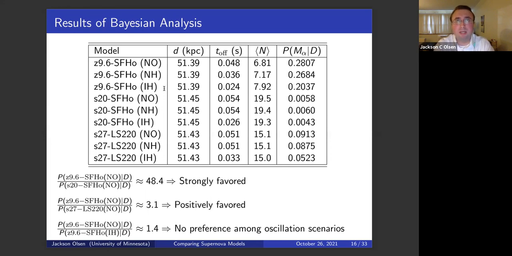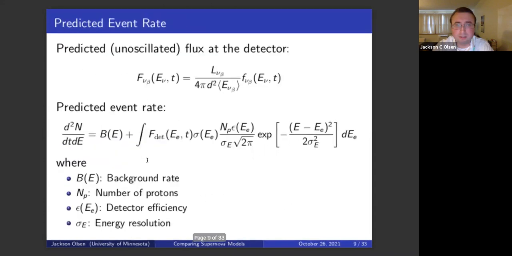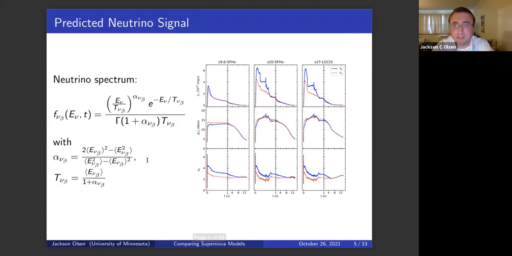So the main effect that the equation of state is going to have is, I think, in the contraction of the protoneutron star. For instance, during the cooling phase, the LS220 equation of state contracts more quickly than the SFHO. Let me see if it's visible in my figures here.